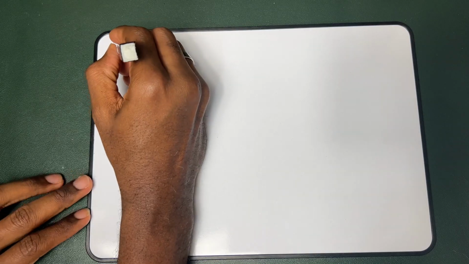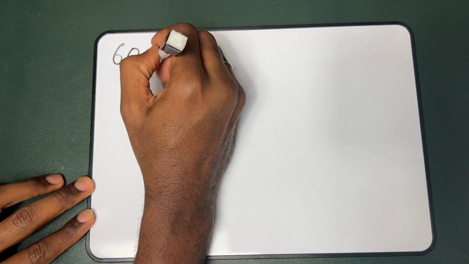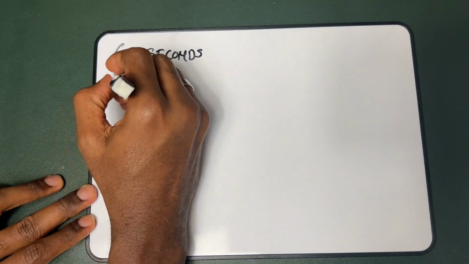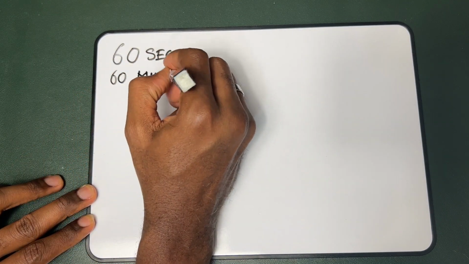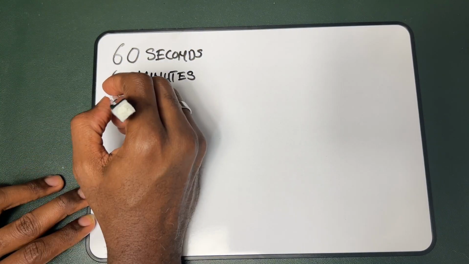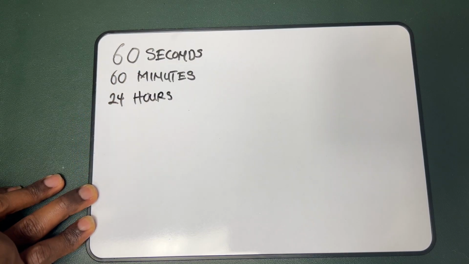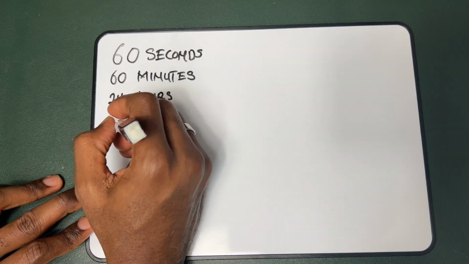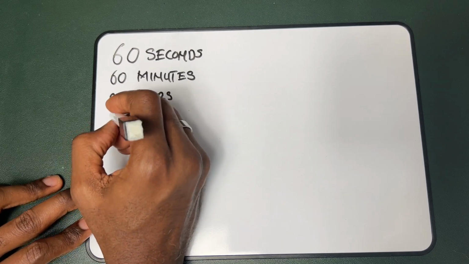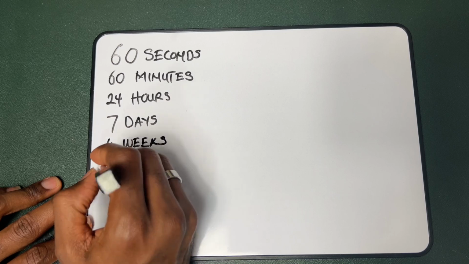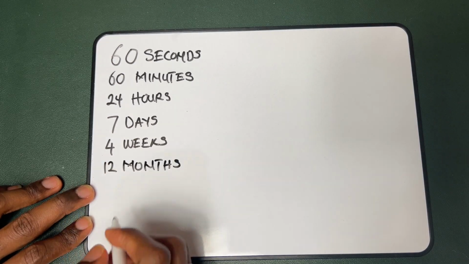So 60 seconds make 1 minute, 60 minutes make 1 hour, 24 hours make 1 day, 7 days make a week, 4 weeks make 1 month, and 12 months make 1 year.